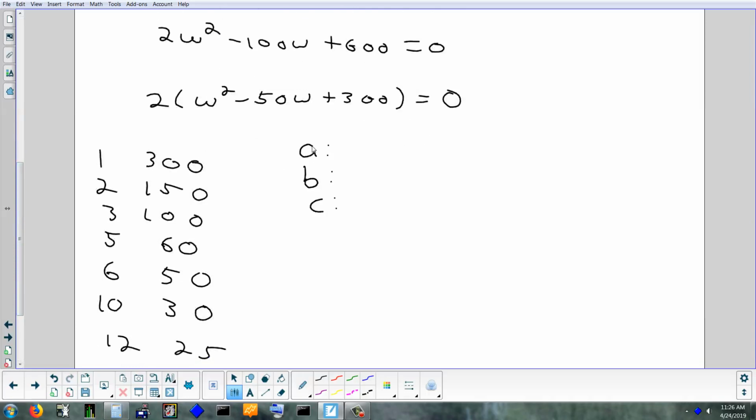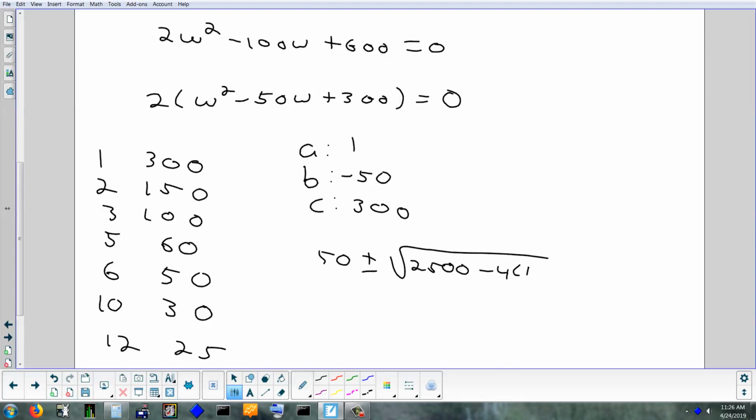We made it 1. Yeah. B? Negative 50. And C? 300. So we got 50 plus or minus the square root of B squared, which is 2500, minus 4AC, all over 2A.